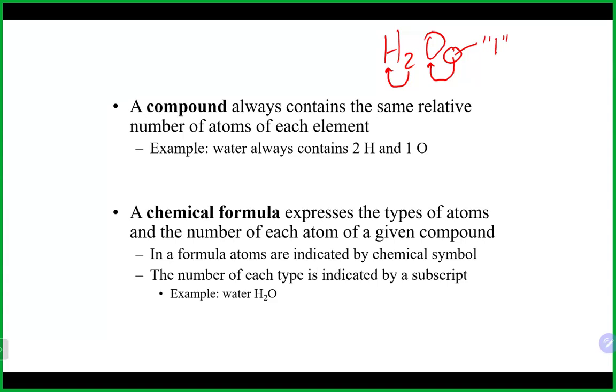If we had CO2, we would have 1 carbon and 2 oxygens. C2H6 is 2 carbons and 6 hydrogens. So again, that is always the way that we write chemical formulas.